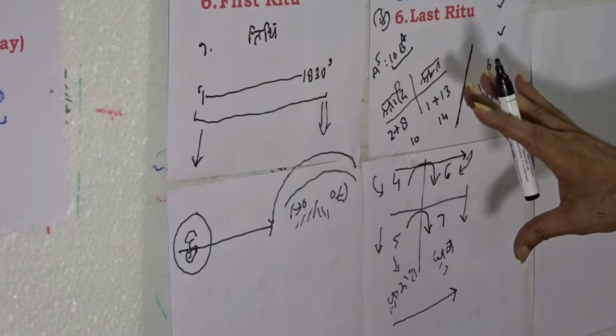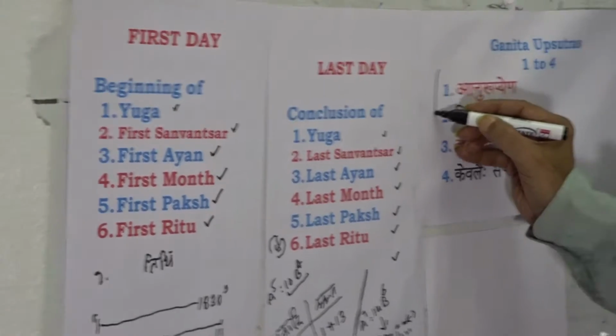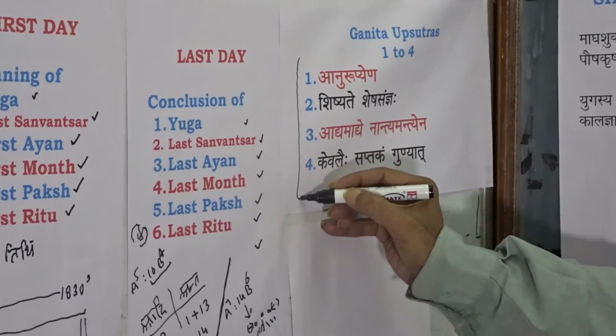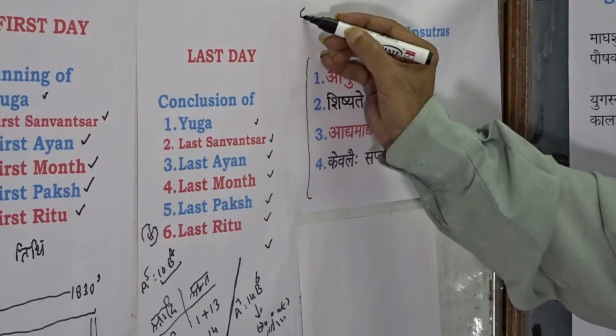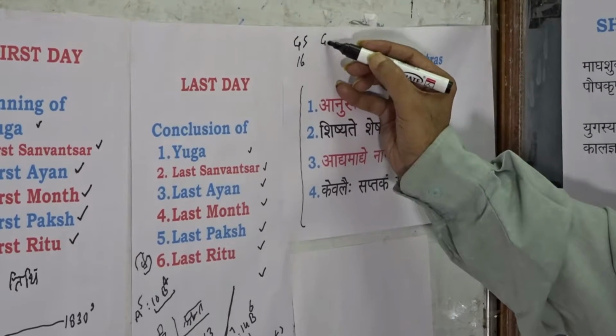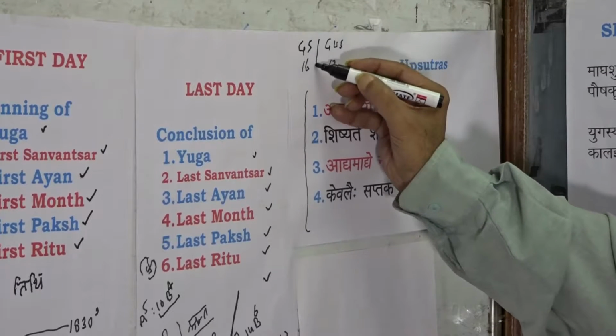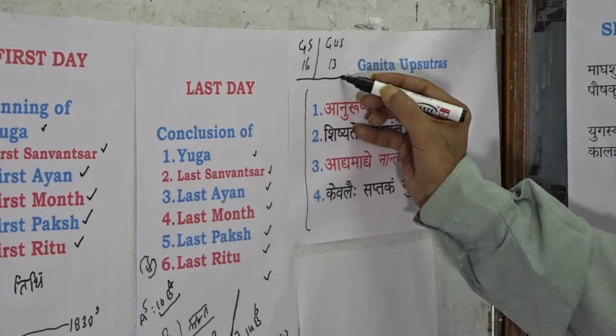It is this mathematics which is the mathematics of the Ganita Upsutras. Ganita Sutras are 16 in number, while Ganita Upsutras are 13 in number. Both these sutras and upsutras make an integrated mathematical domain.